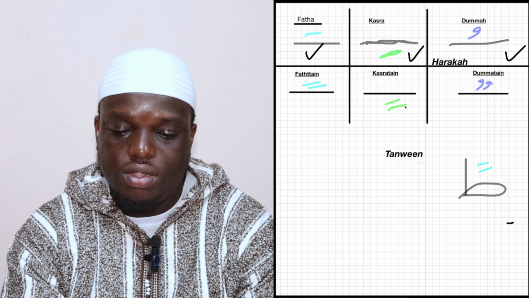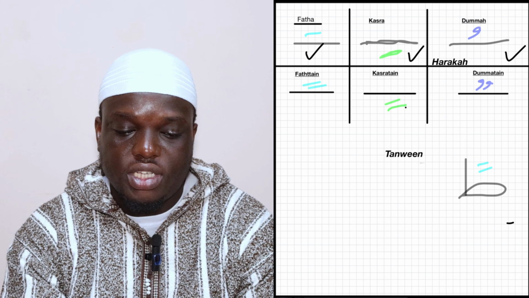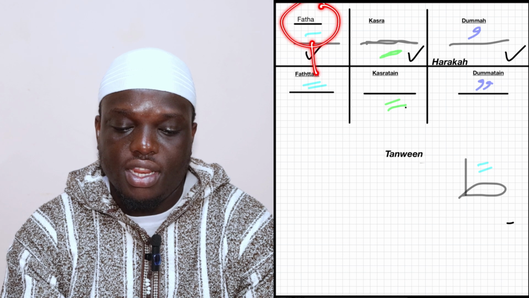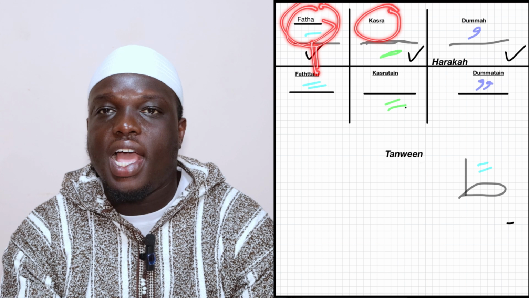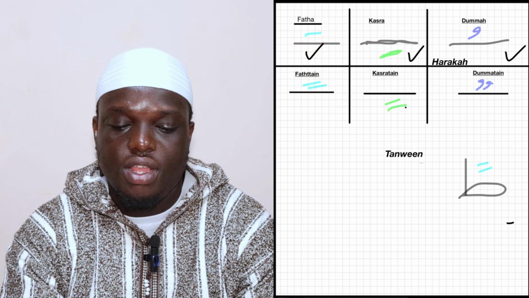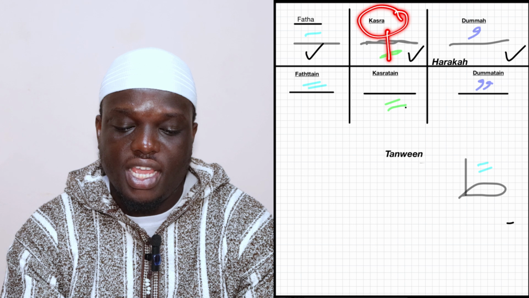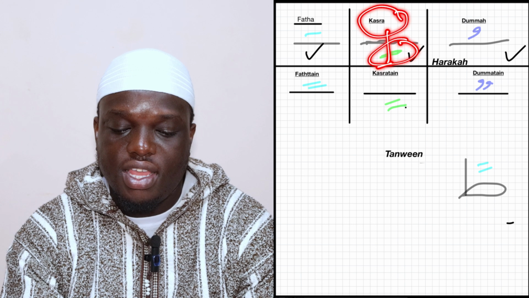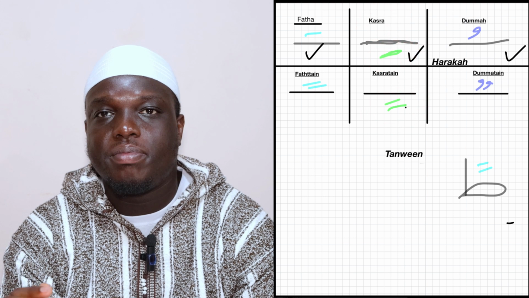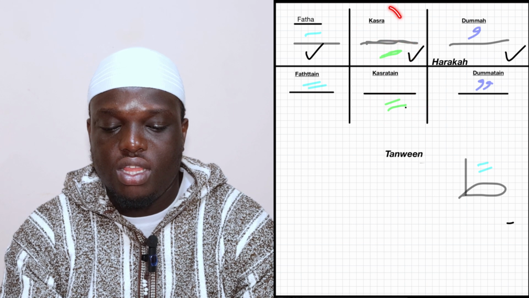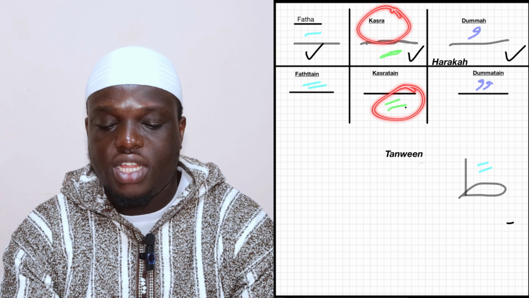Now what about kasratain? We said fatha, fathatain, and then an. Kasra, kasratain. E, and then in. Same concept. E is for kasra, in is for kasratain.